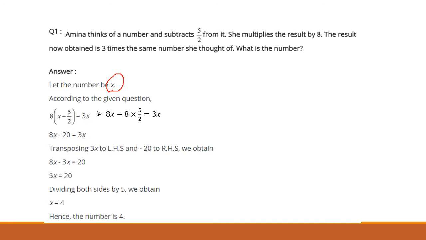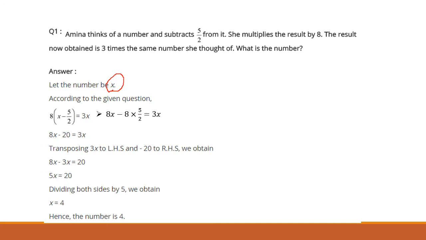Amina thinks of a number x, and she subtracts 5 by 2 from it, so that is x minus 5 by 2. Subtracts means minus symbol. She multiplies the result by 8, so I took 8 into x minus 5 by 2.